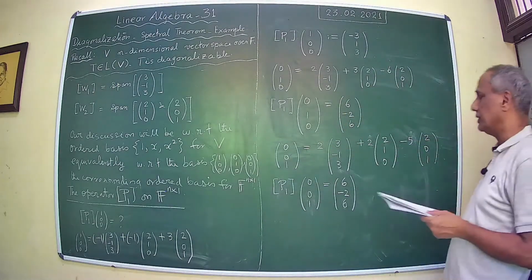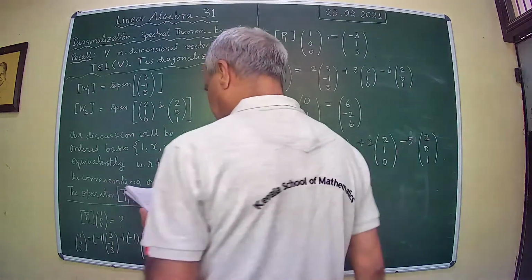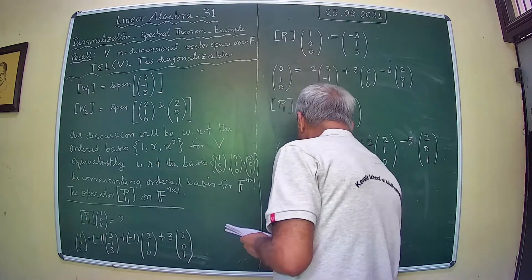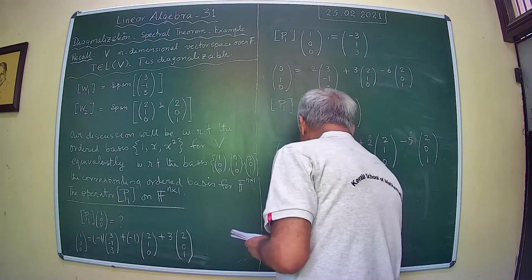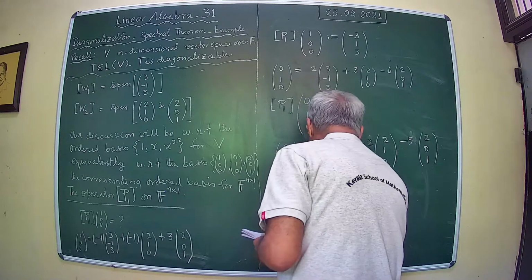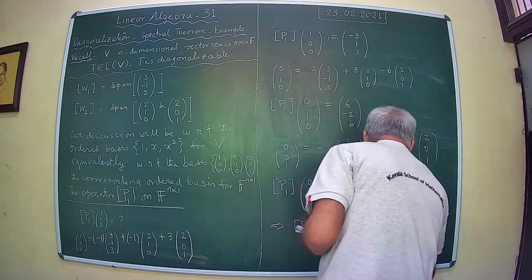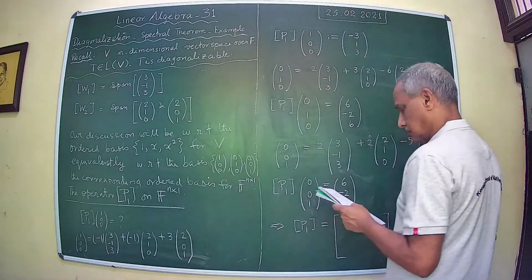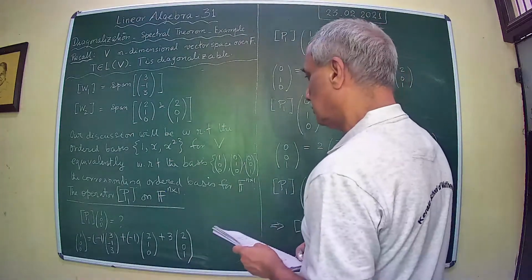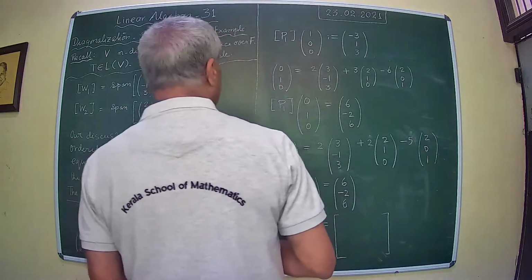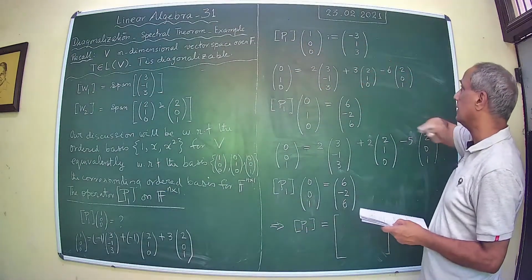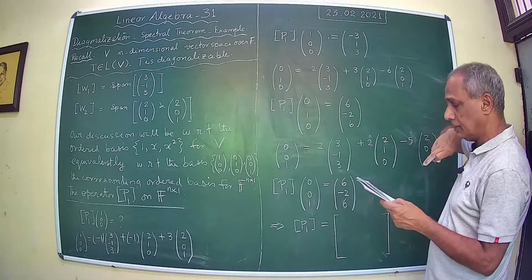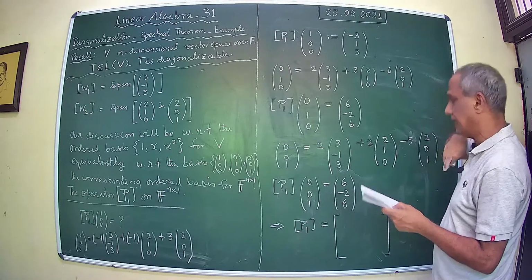we can write down the matrix of T. P1 of the first vector is equal to minus 3, 1, minus 3.